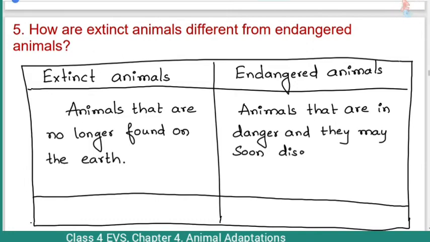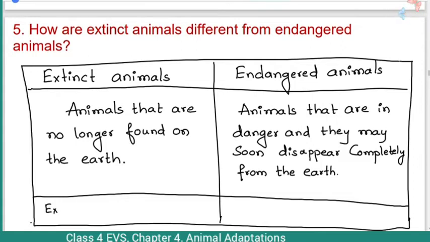Now, examples of extinct animals: dodo and dinosaur. And examples of endangered animals: tiger, cheetah.